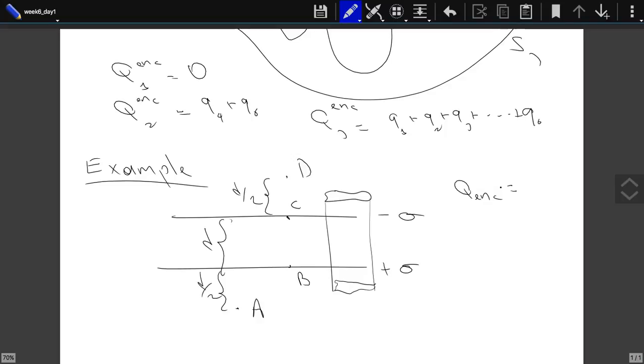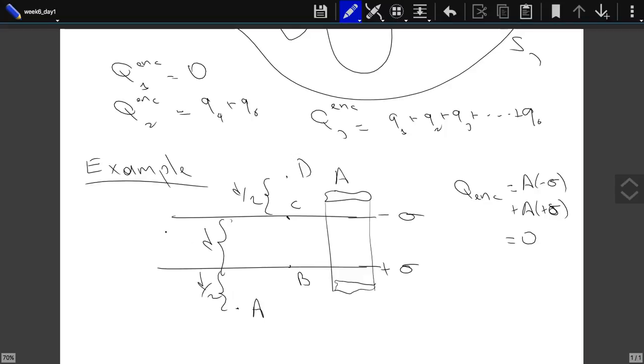You have, let's say, the area is A. The enclosed area here is A times minus sigma, plus A times plus sigma from the bottom plate. So the enclosed charge is 0. So there is no charge. The net charge enclosed by this surface is 0.